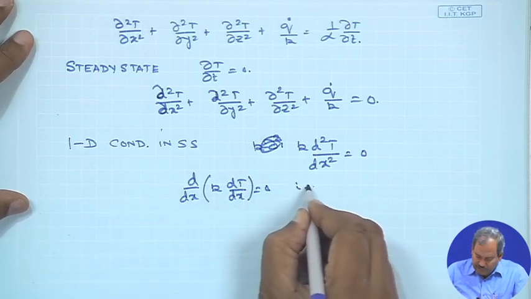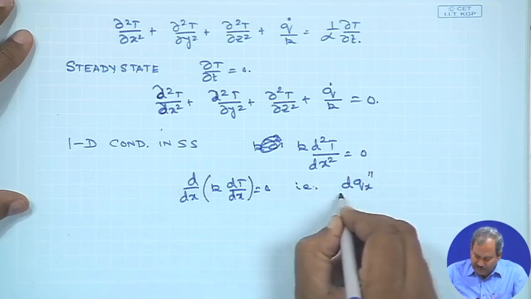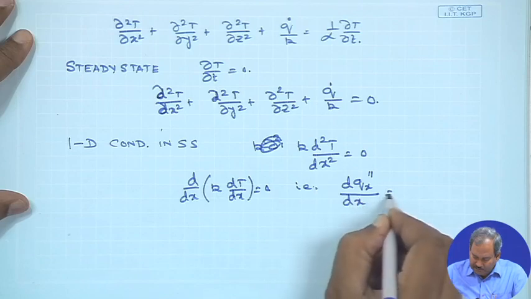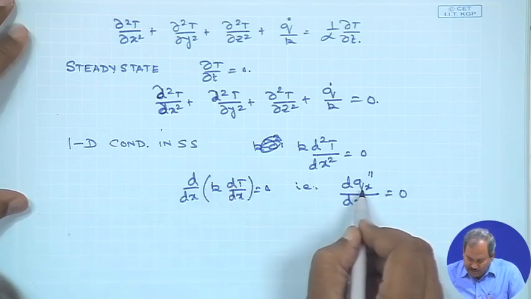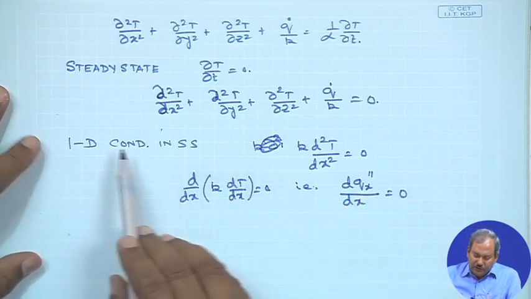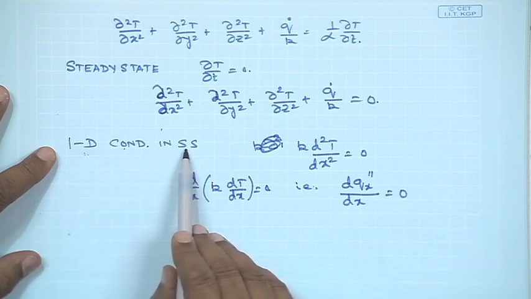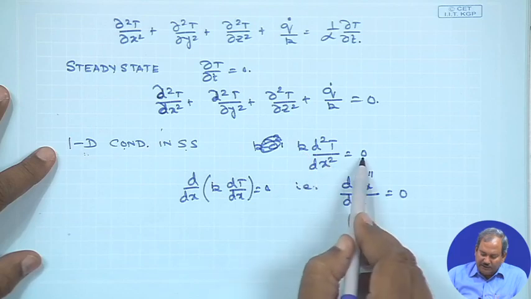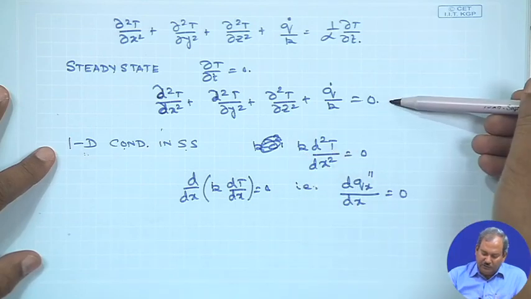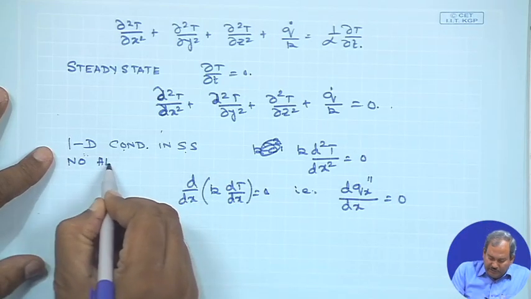In other words, del qx double prime by dx is equal to 0, since k dT dx is equal to minus qx. So, this analysis tells me that for the one dimensional conduction only case at steady state, k times d2T dx square is equal to 0, which directly follows from the previous equation, and obviously there is no heat generation.